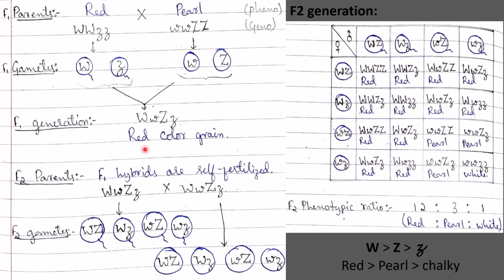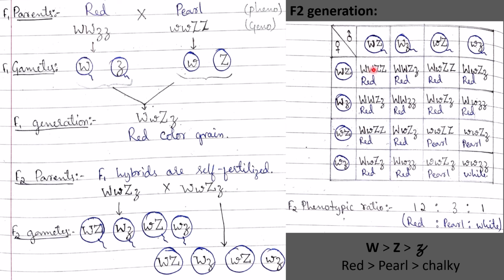Now to further carry out the crosses, I'll self cross these two F1 hybrids. So that becomes the F2 parents here, and then gametes are formed, and then I'll be taking the gametes on either side of the Punnett square here. And when the combinations are made here, I'll fill the genotypes first.